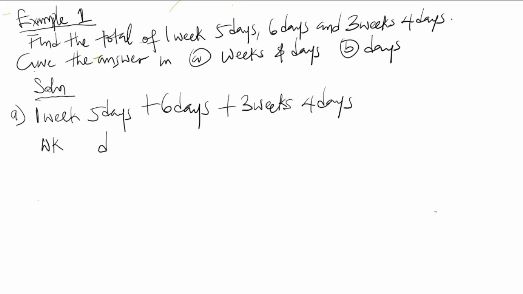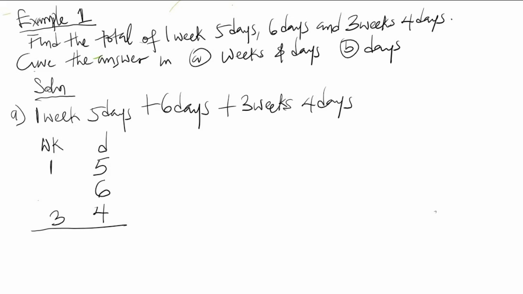From the example, 1 week 5 days. Don't forget, this is for week and this is for days. We have 6 days, put it down under the days column. We have 3 weeks and 4 days, and we are supposed to take a sum of it, which is the total.